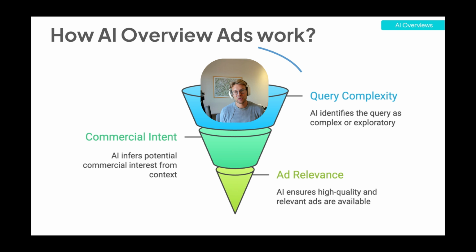Second, there needs to be a potential commercial intent detected. If a query is purely informational with no hint of product or service interest, Google may decide not to show ads in the response. However, Google's AI is getting better at reading between the lines since they have a lot of data points, and even if the user's words don't explicitly sound commercial, the AI can infer intent from context itself. For instance, when I'm asking, why is my pool green and how can I clean it? It's presumably looking for DIY advice, right?